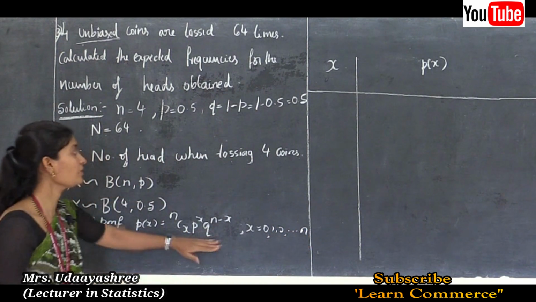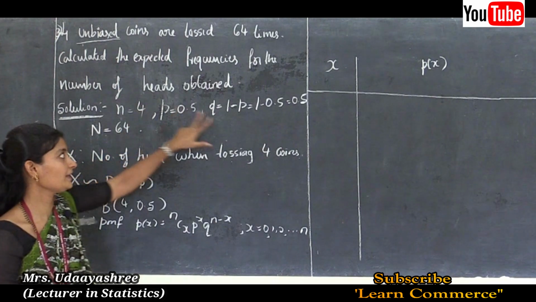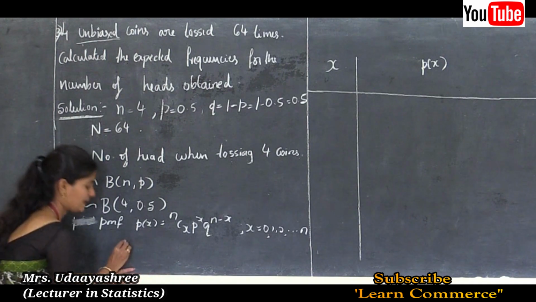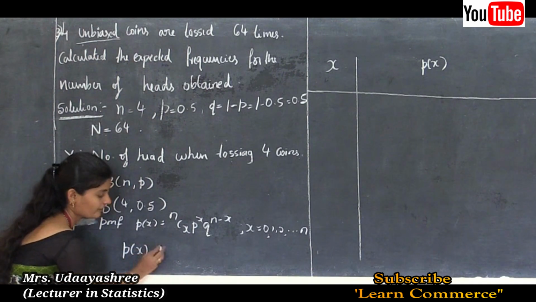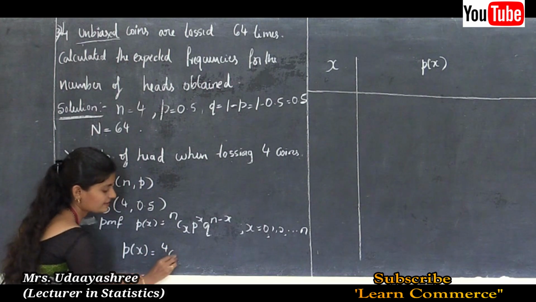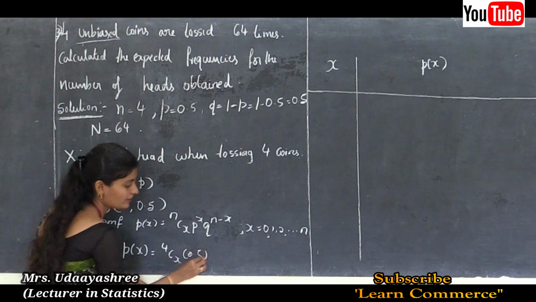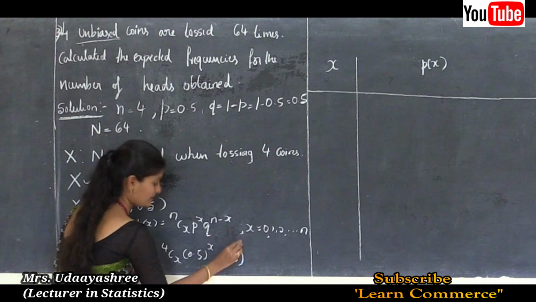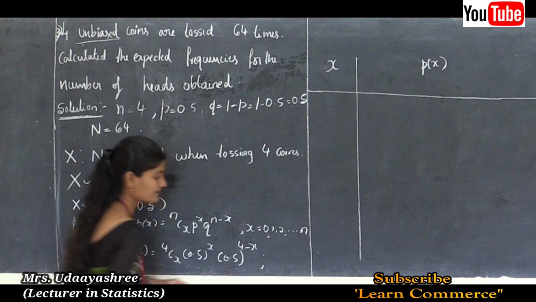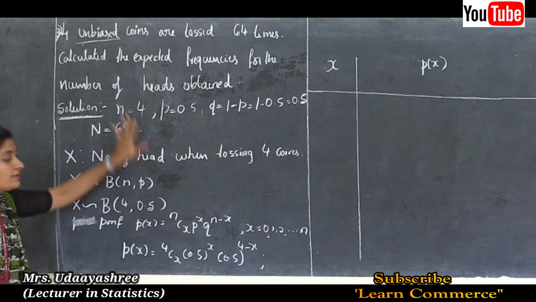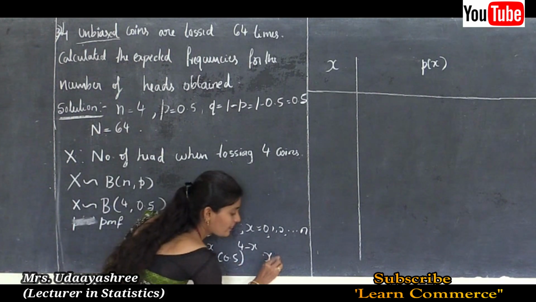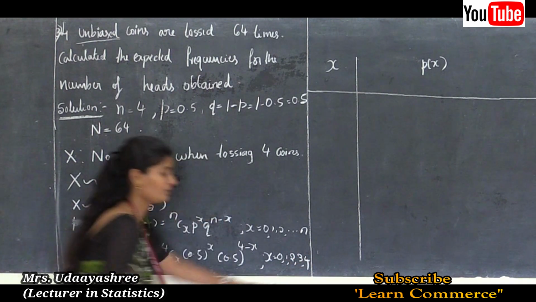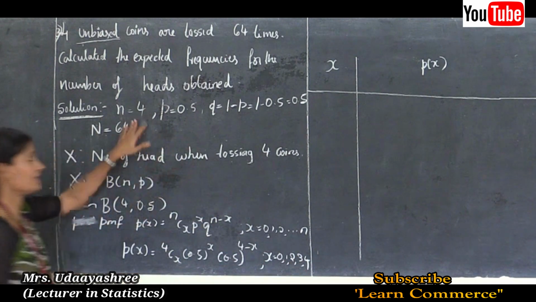Now we got the values of n, p, q, so we can substitute them in the PMF: P of x is equal to 4Cx 0.5 to the power x, 0.5 to the power 4 minus x. Here n is 4, so x takes the values 0, 1, 2, 3 and 4. Why 0 to 4? Because n is 4.